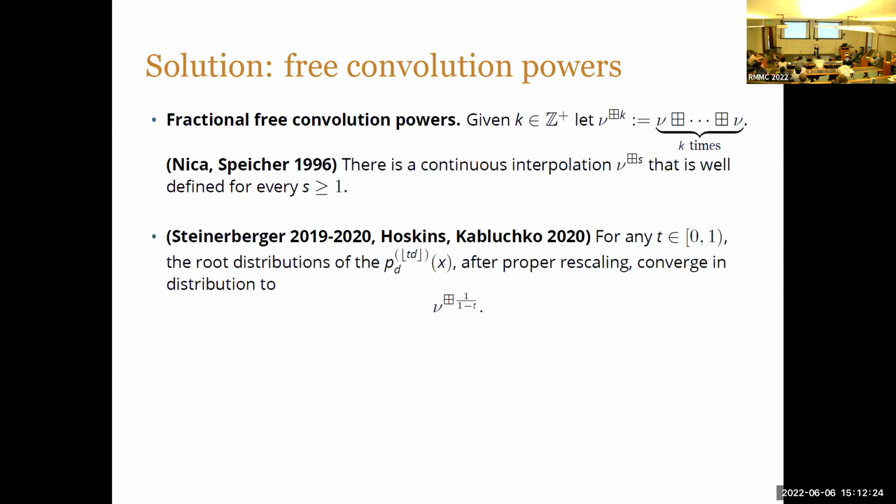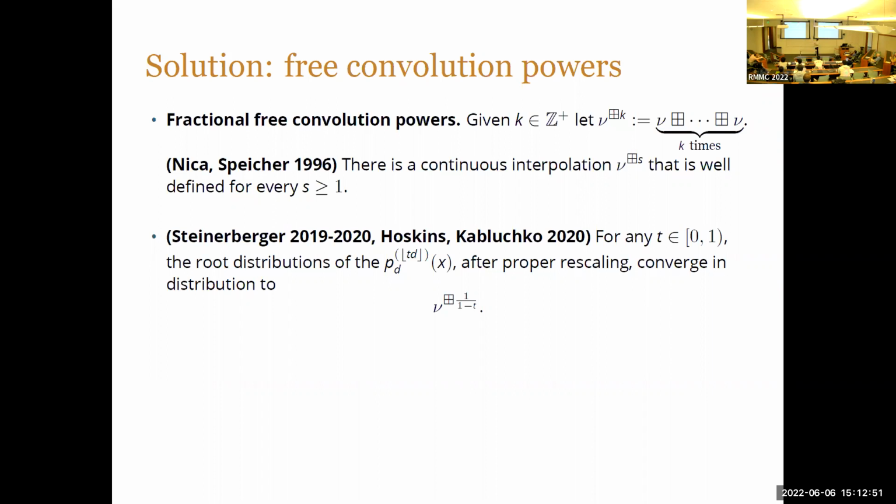Berkeley found some PDE that describes this evolution. And then when Dima and Tao wrote their paper, he realized that those PDEs matched his. So he was like, okay, this must be the free convolution. And then Hoskins and Kabluchko used the R transform to formally show this. And it's a somehow complicated proof.